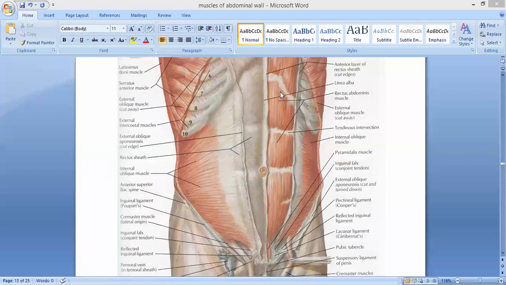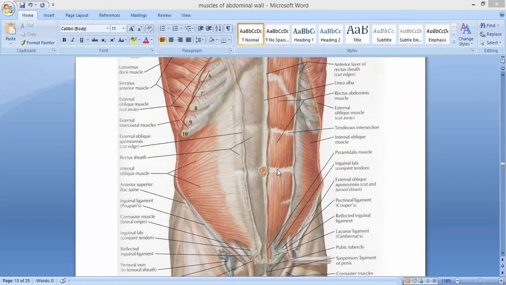When this muscle contracts, this part of the muscle will not bulge forwards. It is strictly adhered to the anterior layer of the rectus sheath. Is it clear? So the purpose of the rectus sheath, number one, is to give strength to the anterior abdominal wall, and number two, to increase the efficiency of the rectus abdominis muscle.